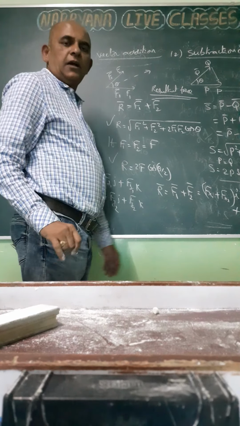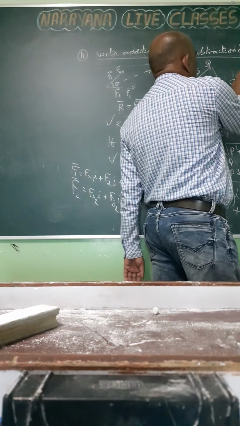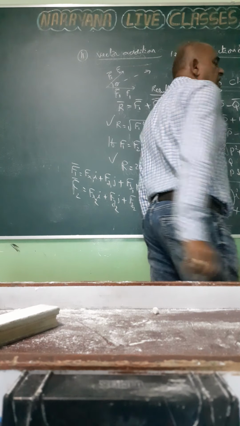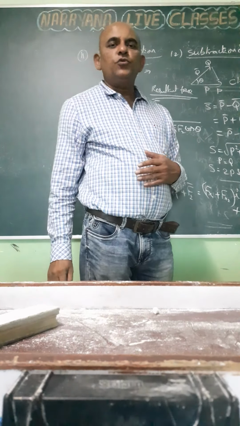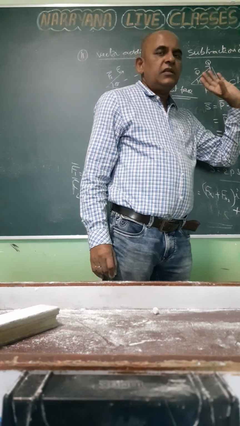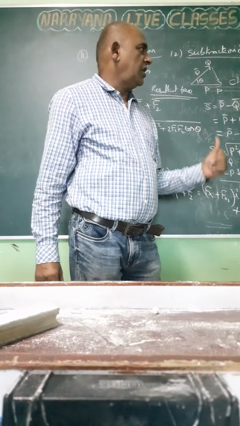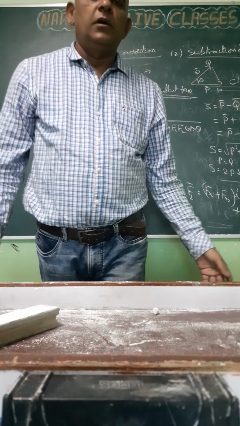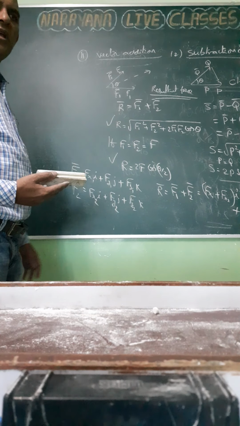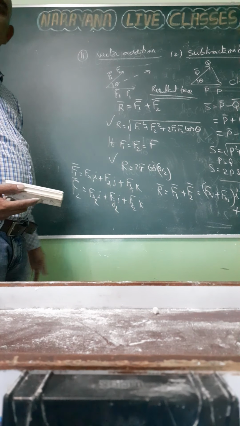Subtraction of vectors, example, change in velocity, change in momentum, relative velocity. Addition means resultant force, resultant velocity, resultant momentum, resultant magnetic induction field, resultant electric intensity. Like that, vector addition is there.